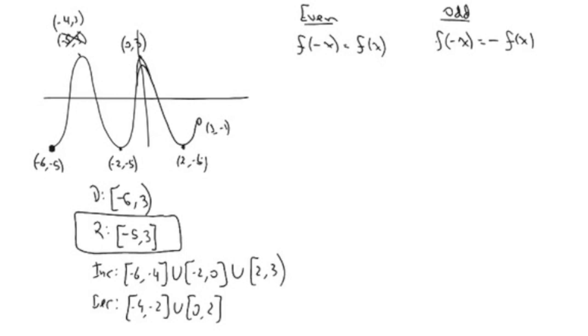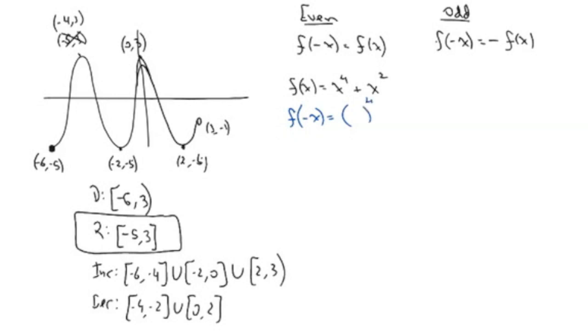A good example of an even function: f of x equals x to the 4th plus x squared. I can put the coefficients in here and all that fun stuff, but it really doesn't matter. To determine if this is an even or odd function, you just evaluate it for -x.